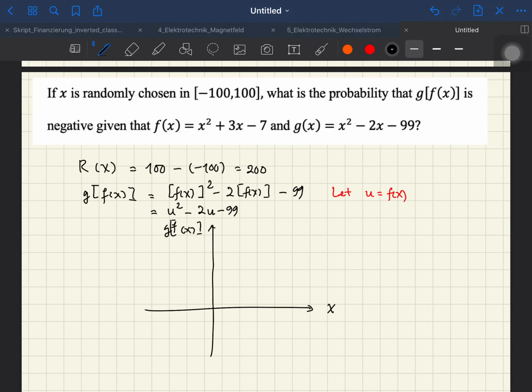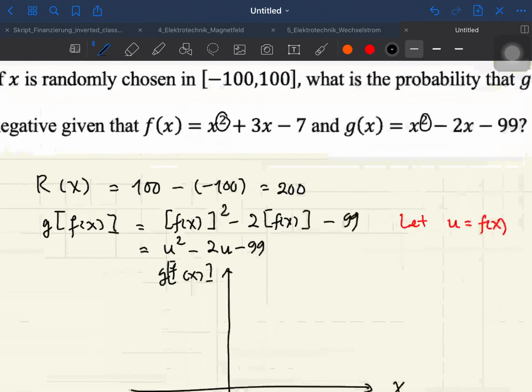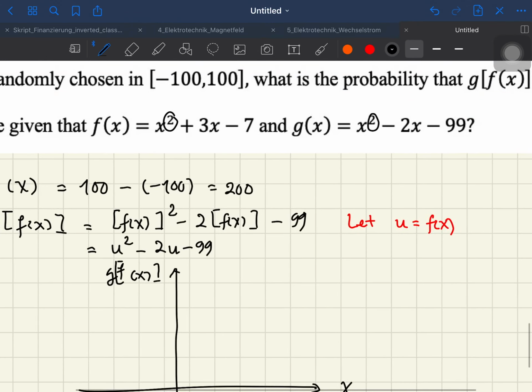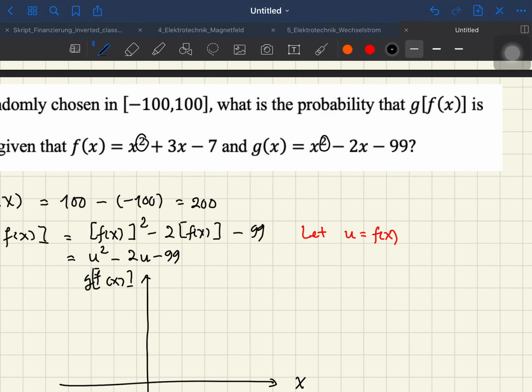What is the function that you would have? Because you composite g(x) with f(x), you will have this equation in the square, because of f(x) squared. So you will have to expand and then you will get the highest degree.